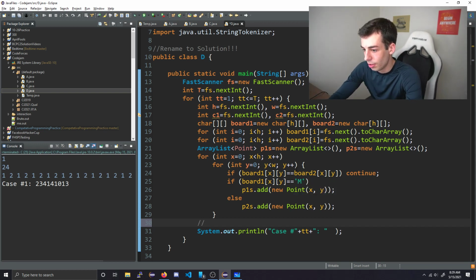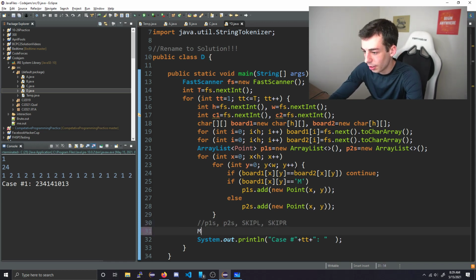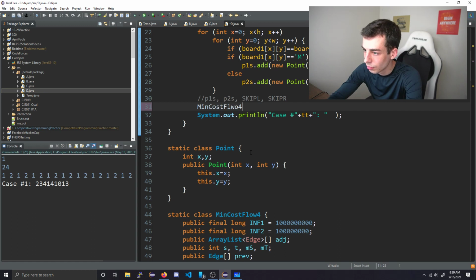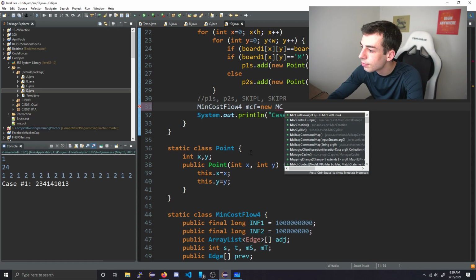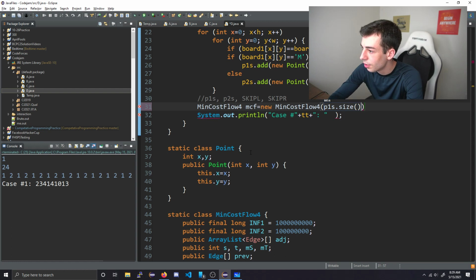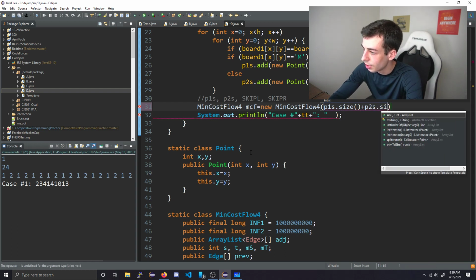So we have P1s, P2s, skip left, skip R, MC, MF. P1's dot size plus P2's dot size plus 1 plus 1.